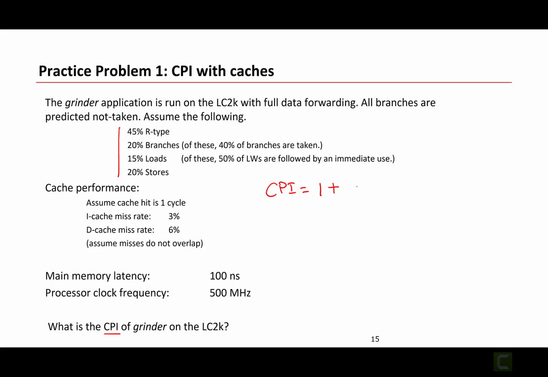The different types of hazards are: you have some penalty for data hazard, some penalty for control hazard, and now we also need a penalty for iCache misses and data cache misses.